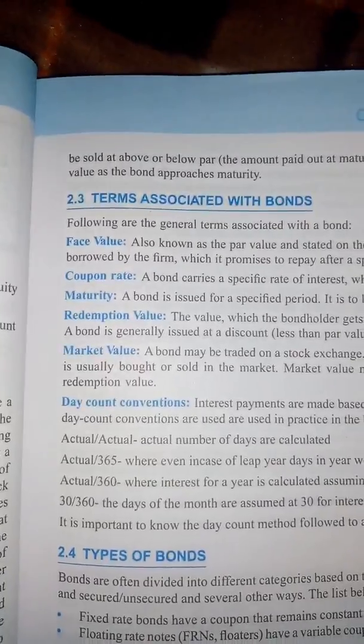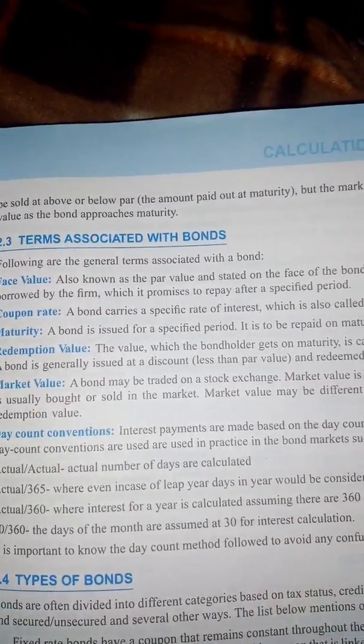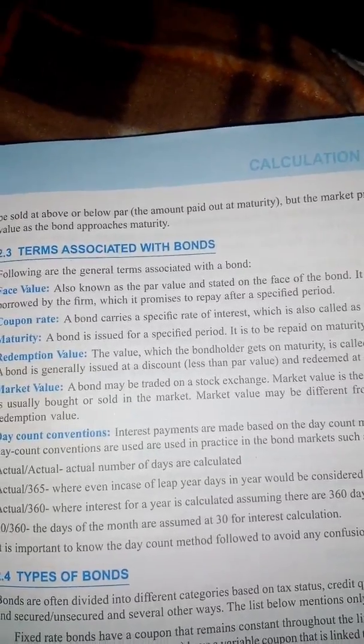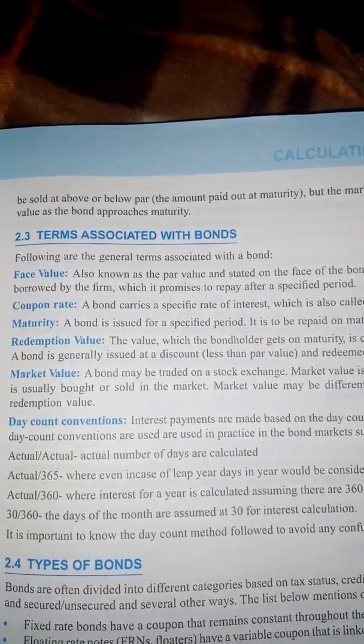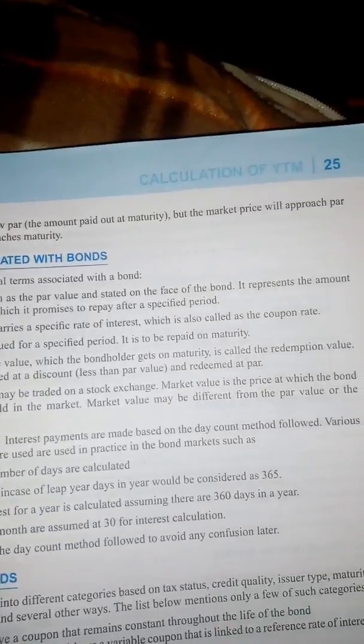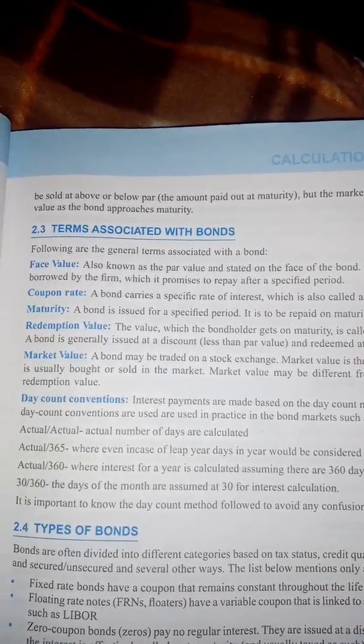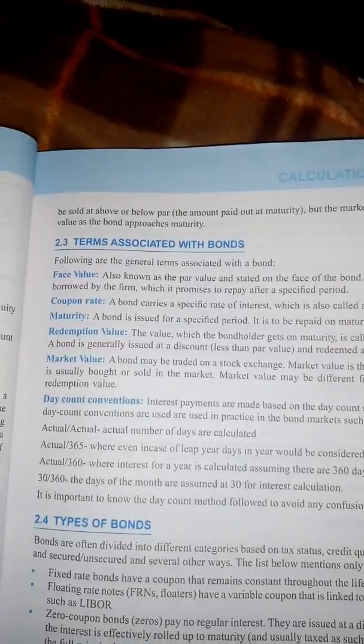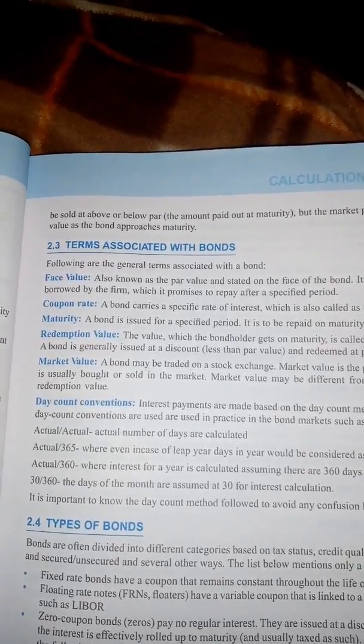A bond might be sold at above or below par, the amount paid out at maturity, but the market price will approach par value as the bond approaches maturity.